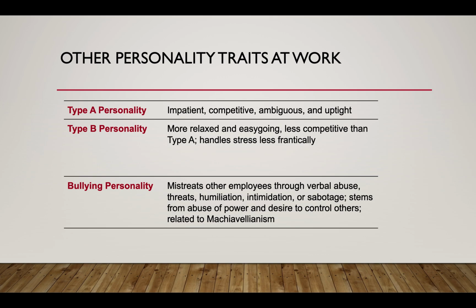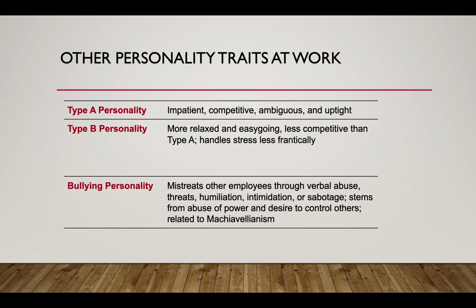For instance, a type A personality here, they may have to be competitive, and at times they can be uptight because they demand performance and so forth. Now, in the right proportion, that's a strength. You want those types of people. But when they get to the point where they go past the normal boundaries of competition and impatience and become a bully, that's when that personality becomes a weakness.